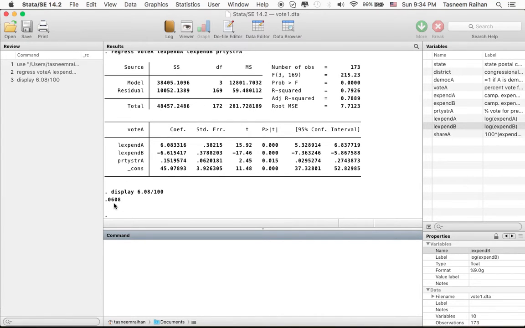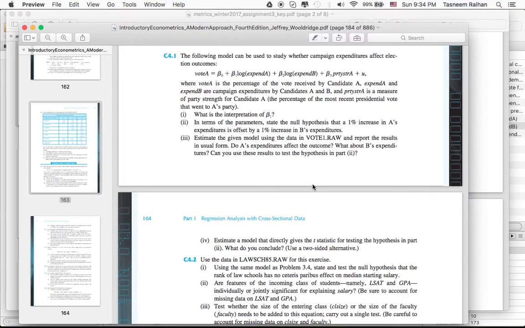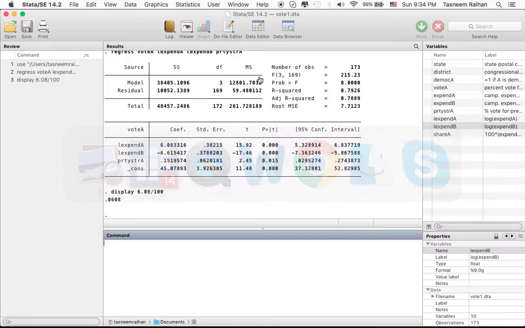So that's basically the percentage point increase in the vote received by candidate A when expenditure by A goes up by 1%.